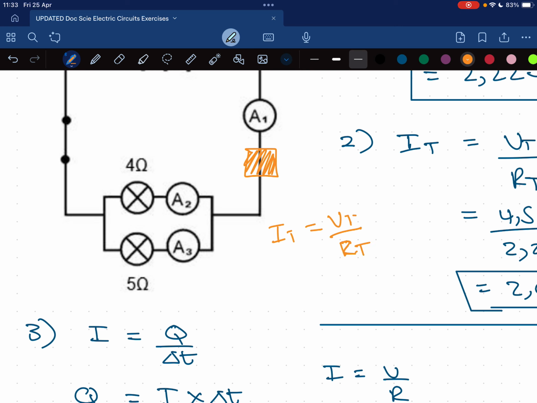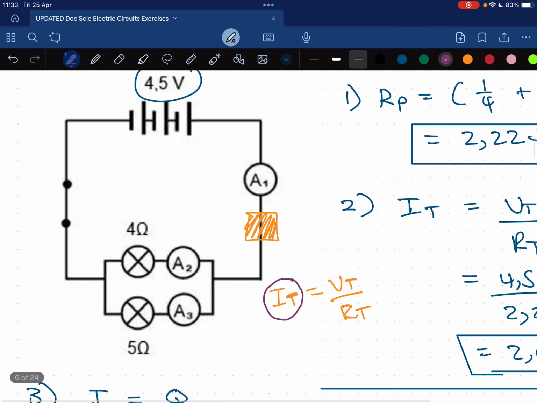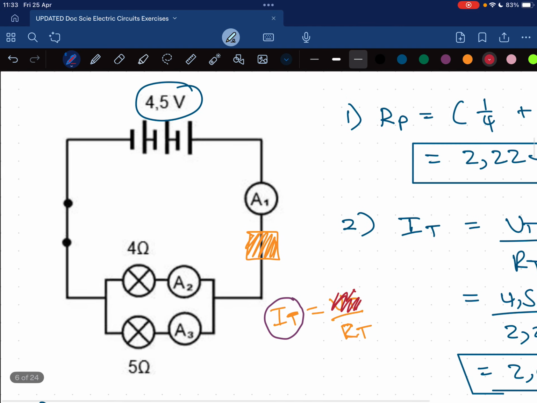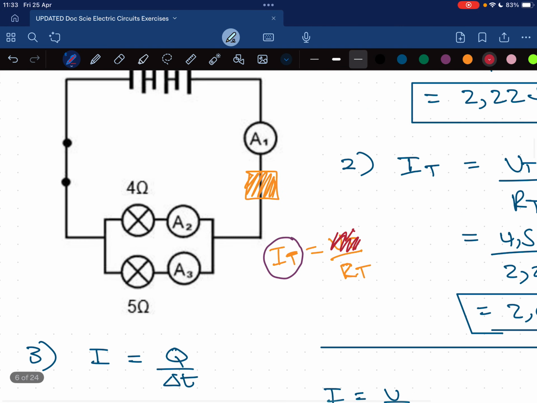Now, if I'm asking myself, okay, what am I changing? I want to know, first of all, how this is affected. But I see that changing the resistance isn't going to change the total voltage, because the total voltage is still going to be 4.5. But it does change the R total.